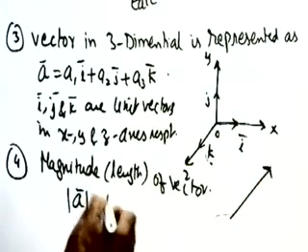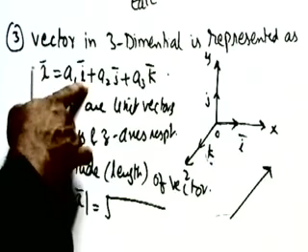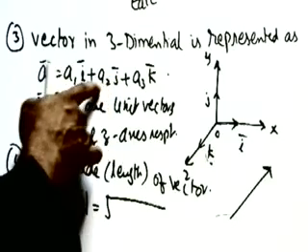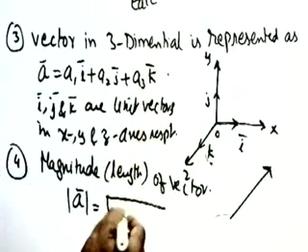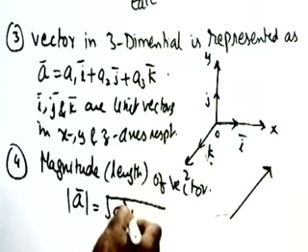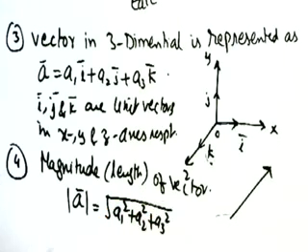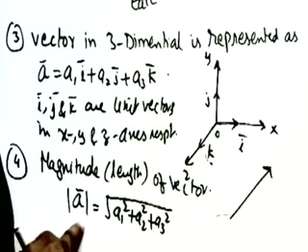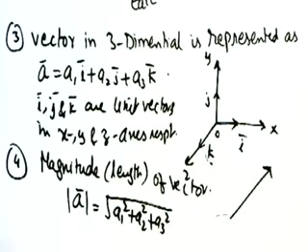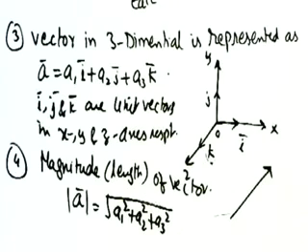The magnitude is given by the square root of the coefficient of i squared plus the coefficient of j squared plus the coefficient of k squared, like this: a1 squared plus a2 squared plus a3 squared. So the magnitude of a vector, mod A, equals the square root of a1 squared plus a2 squared plus a3 squared.